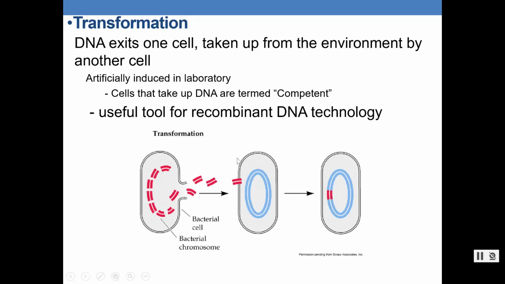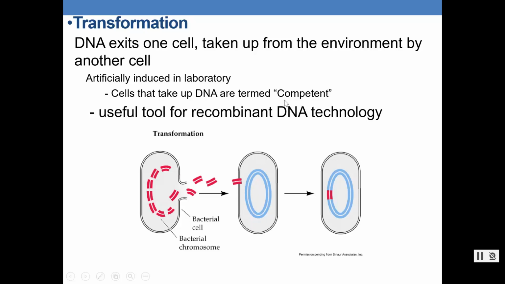It's a lot more likely that things will get messed up than not. But there are a few bacterial species that are naturally capable of picking up pieces of DNA from the environment. It's just an adaptation that they have, a survival strategy. By picking up pieces in the environment, they can pick and choose which ones they want to keep. Cells that can take up DNA from their environment are referred to as competent cells.